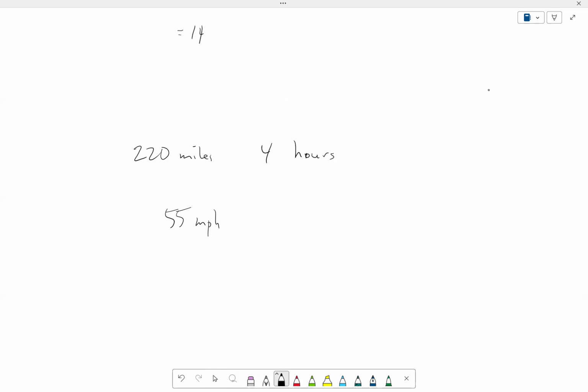And one last thing before we start on the packet today, would you just discuss with your neighbor the difference between speed and velocity?